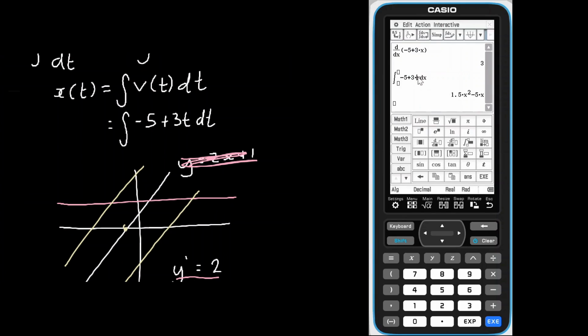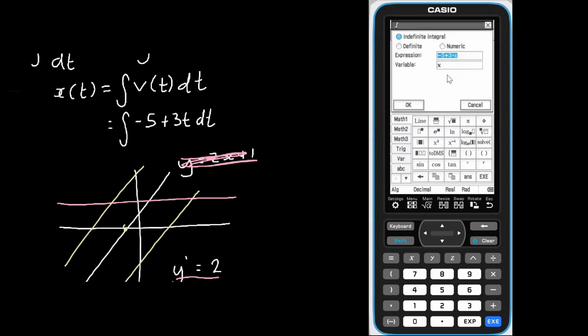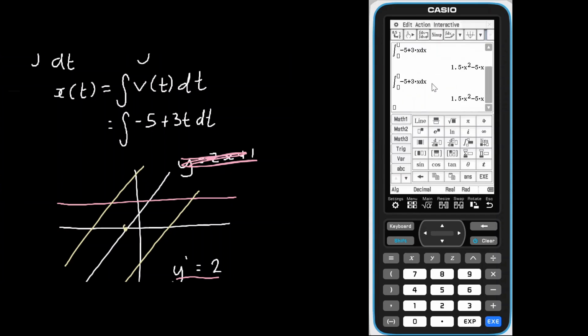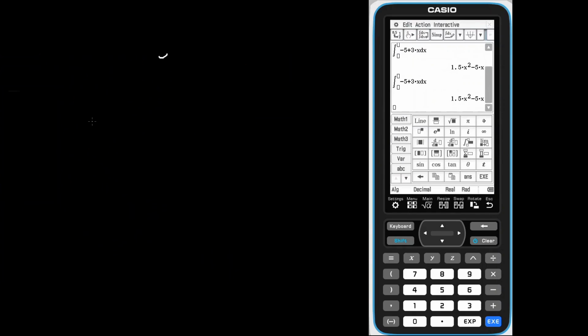You can either do it like that, which is an integral, or you can go interactive calculation integral, indefinite integral, and that gives us the same thing. But in this case, it doesn't give us our plus c, so we just need to remember that we've got our plus c.